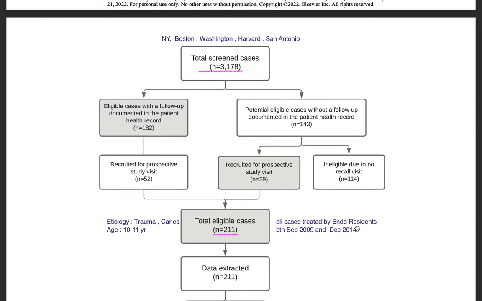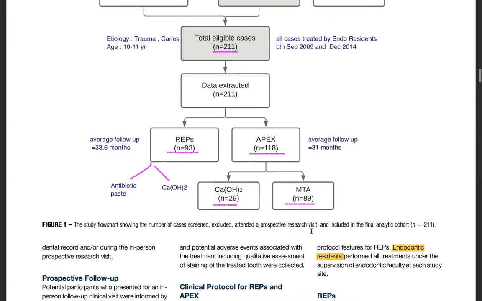All cases were treated by endodontic residents following the AAE guidelines between September 2009 and December 2014, and they ended up with 93 cases treated with REP, either using antibiotic paste or calcium hydroxide, with an average follow-up time of more than 33 months, and apexification procedure in 118 cases with an average follow-up period of 31 months, either treated with MTA or calcium hydroxide medication and gutta-percha root filling.